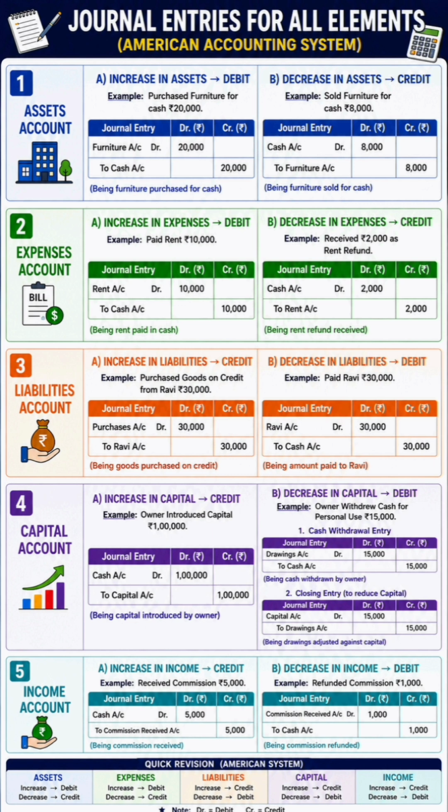Liability. Increase in the liability. You purchased goods on credit basis. So purchase account, when you purchase any goods or asset, increase in the asset, you have debited, and because of that the creditor has been created. So the concerned creditor should be credited. Okay.